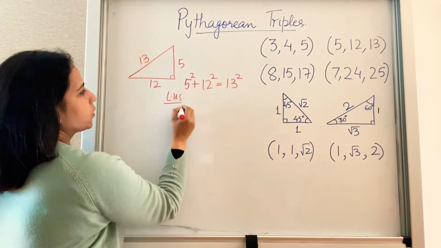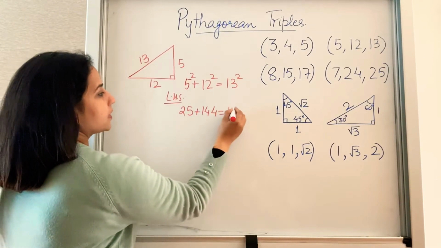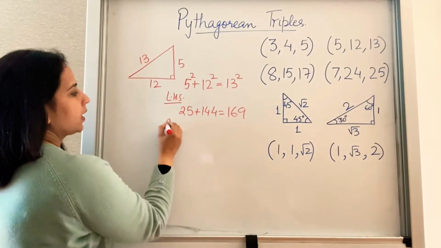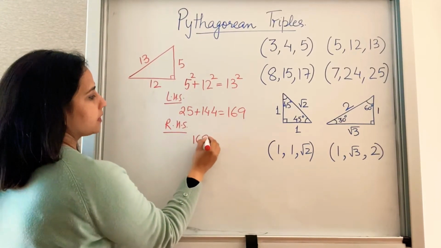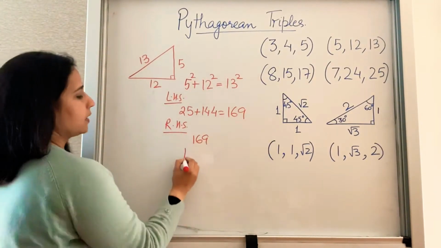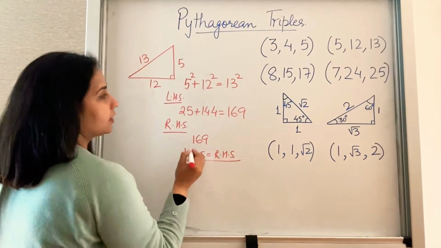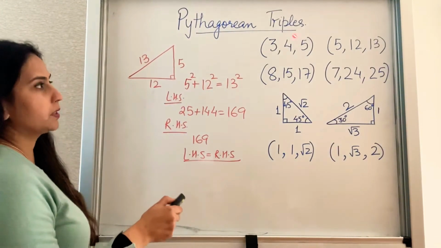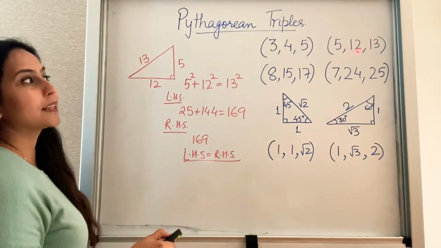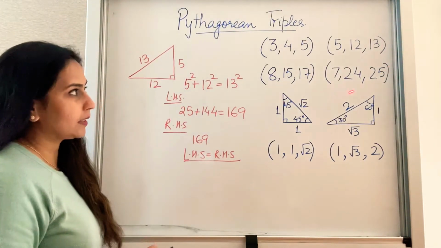Left-hand side is 25 plus 144, and this is 169, you can see. And the right-hand side is 13 squared, which is 169 again. Because the left-hand side is the same as the right-hand side, this triplet, this set of 3 numbers, satisfies the Pythagoras theorem. So this is called a Pythagorean triplet. And all these are the same.